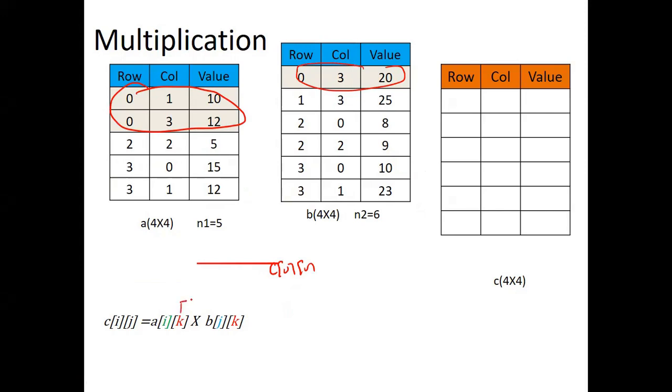Try to pick the second index. This is the original matrix, the first matrix. This is the transpose version of the second matrix. Whose second component, that is the column component, if I go in terms of row and column component, that is the k component of both. If it matches, then it will be part of this formulation to find the value of Cij.